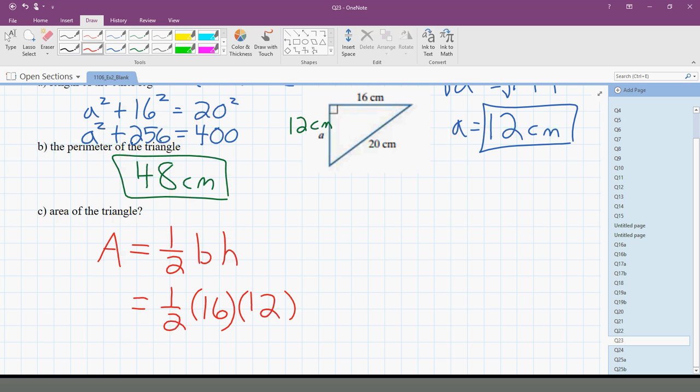Tell me what you get. 96 what? 96 centimeters. Ugh, that's a horrible 9. Fix this. 96 centimeters squared. Its area.